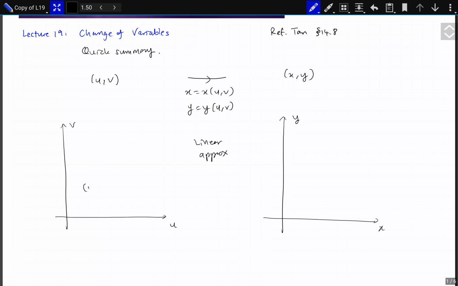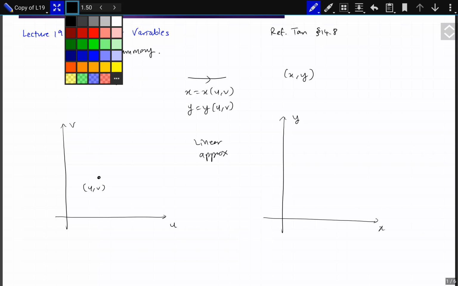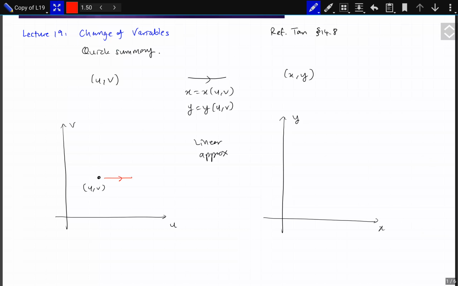If we pick a point (u, v), and look at what happens when we move a little bit away from the point, here we're going to have (u plus du, v). Over here we're going to have (u, v plus dv). This is very similar to what we did in linear algebra. So the image of the point (u, v) lands at (x, y).